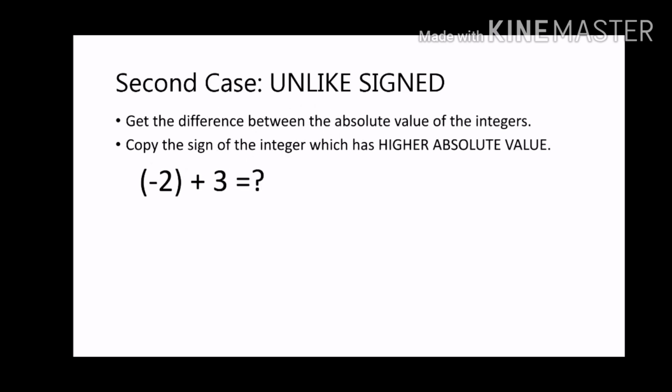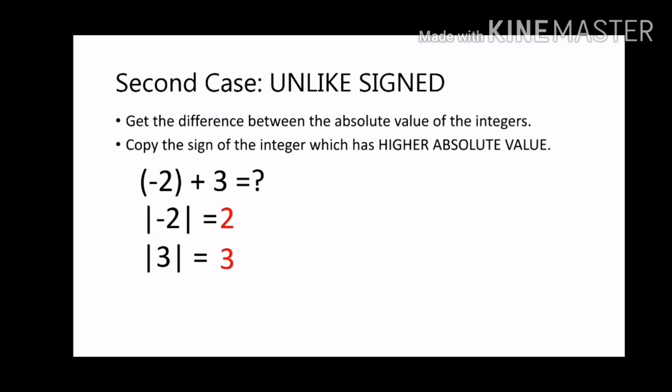We are now adding negative 2 and positive 3. One is negative, one is positive. Let us first get the absolute values of the two. For negative 2, that is positive 2. For positive 3, the absolute value is still 3.